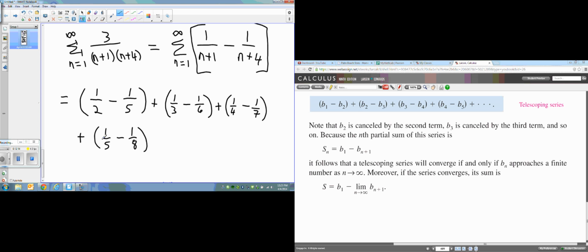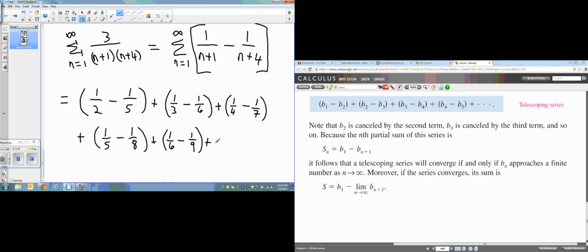And these begin to cancel now. Here's a positive 1/5, and here's a negative 1/5. The next term is going to cancel the 1/6: there's a plus 1/6, and there's a minus 1/6. So this is where the cancellation begins. 1/5 is the first thing that's going to be canceled, which means I'm not going to cancel the 1/2, the 1/3, or the 1/4.